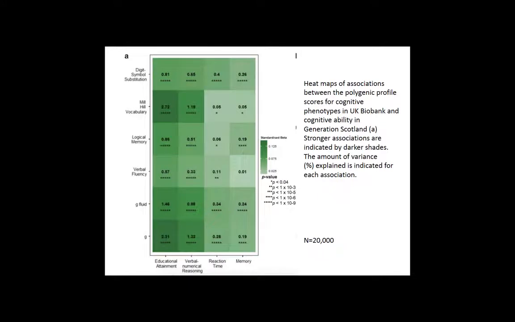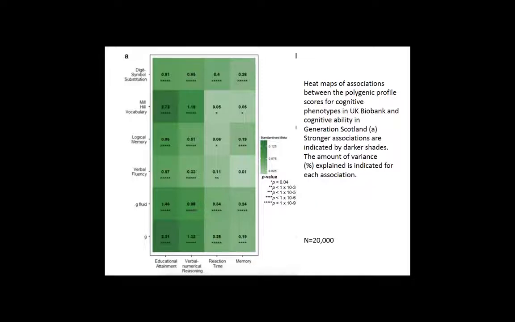And then they had independent samples, people not in this study where they had the genetic data and some cognitive data from them, and do this heat map kind of thing where these are the four things they had: a memory score, a reaction time, educational attainment, verbal numerical reasoning. Those were the phenotypes that they evaluated, and they made genotype scores for those.